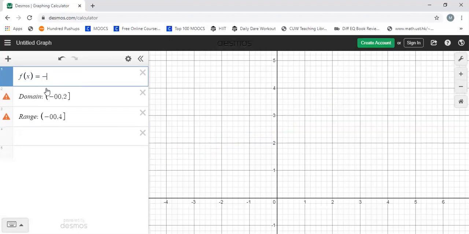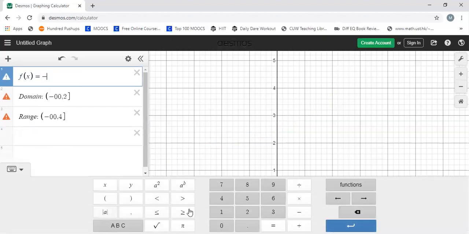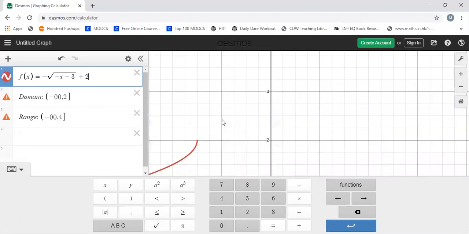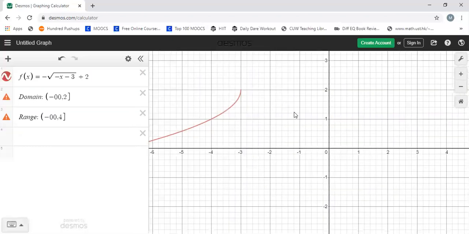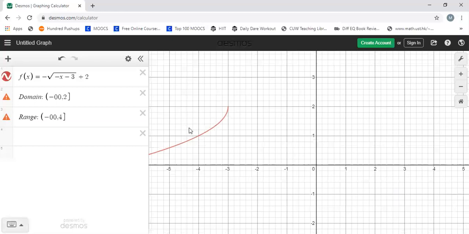How about a negative square root of a negative x minus 3 plus 2? So then how is this different than our parent function?